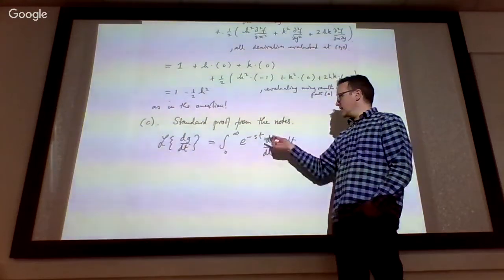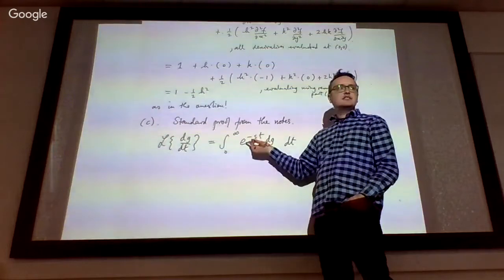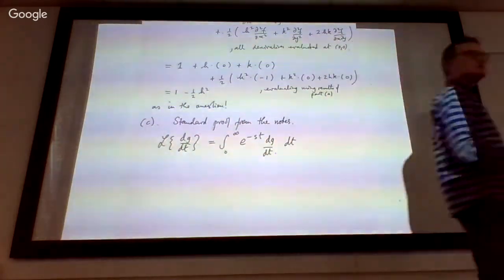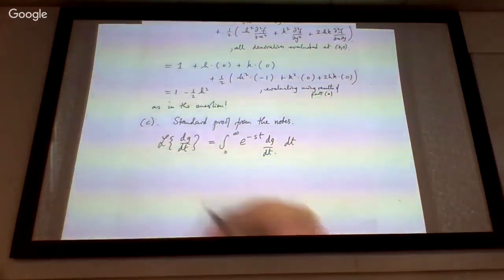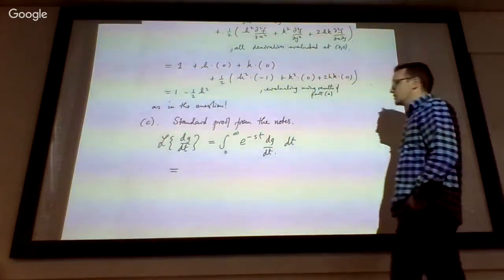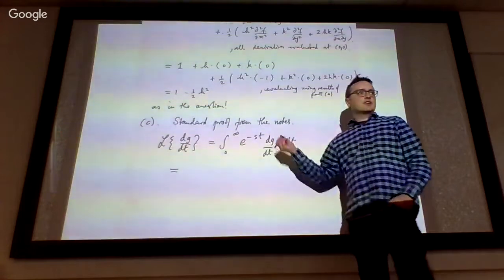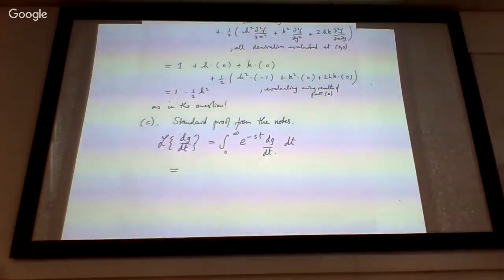Because it's a product of two factors, one of which is a derivative, and we're able to differentiate the other one as well. So it's fairly clear that to treat that integral, we could do integration by parts. And that will produce for us an integral involving the function g. And that's where we're going to get our Laplace transform of g from.